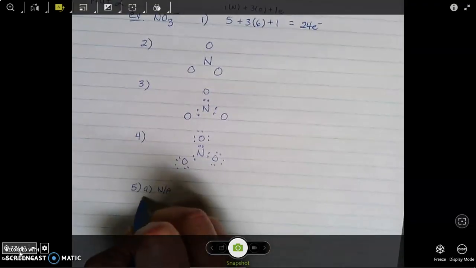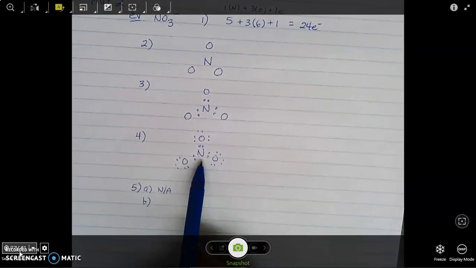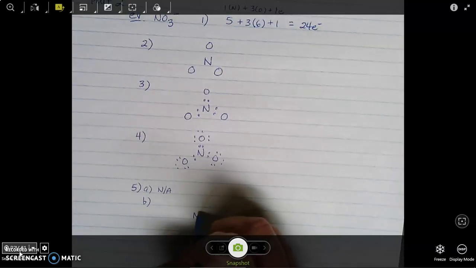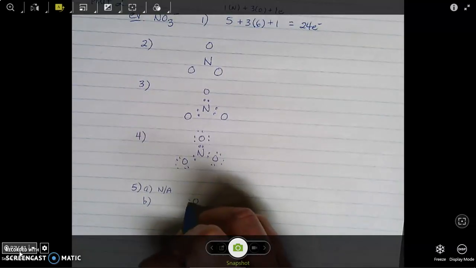5B, however, has me investigate whether or not my nitrogen atom has a complete octet. In this case, nitrogen does not have a complete octet. My advice from my list of steps says that if the central atom has an incomplete octet, then I use double bonds to the surrounding atoms. So what that's going to look like is I'm just going to redraw what I have.